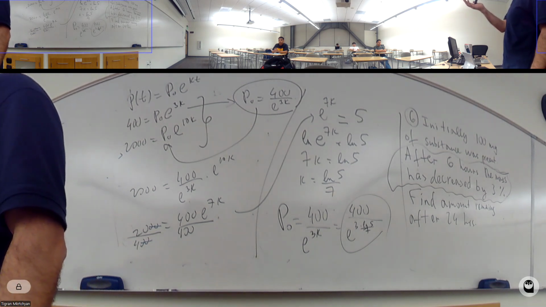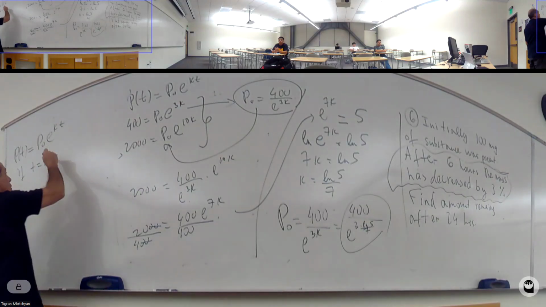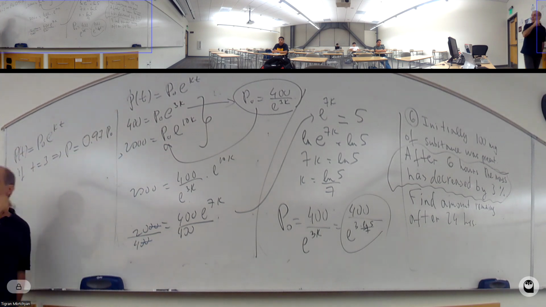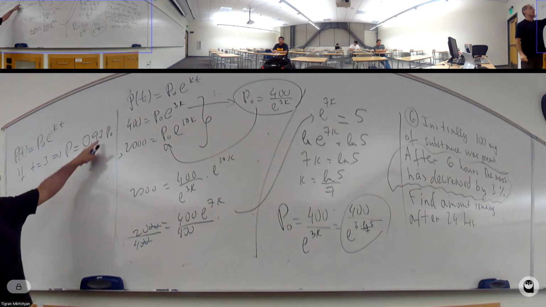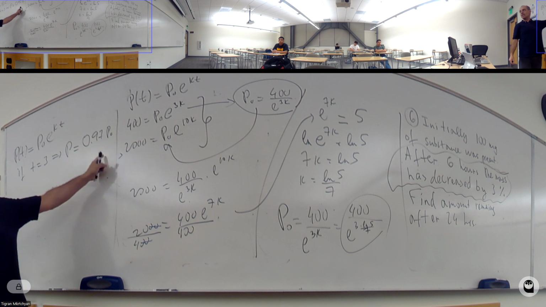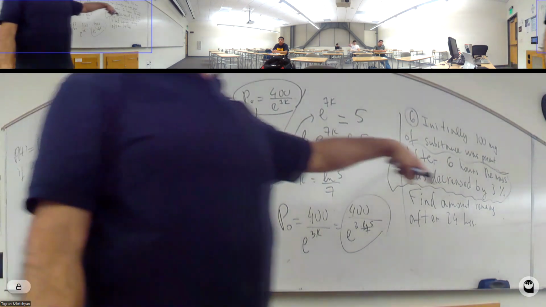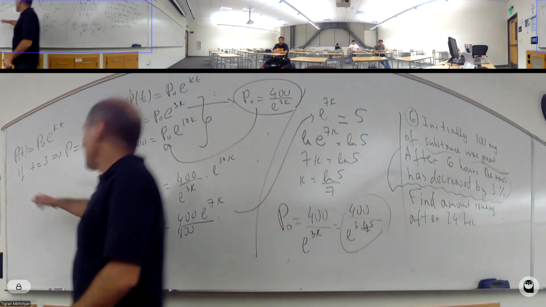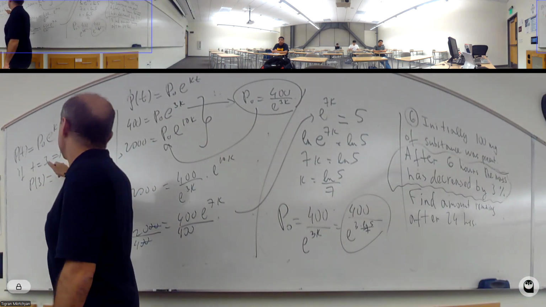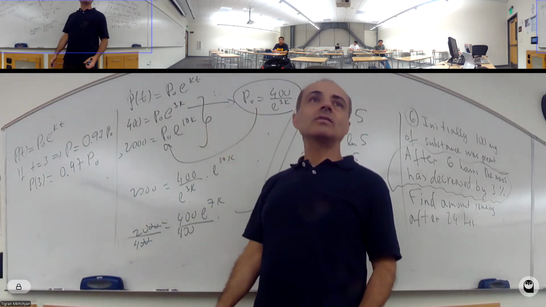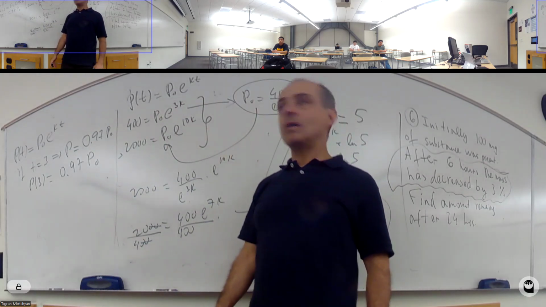So P will be 97% of what was there. 3% is gone, 97% is left. That's one way to think of it. So P after that time has to become 97% of P0. Now we can plug that into the equation.